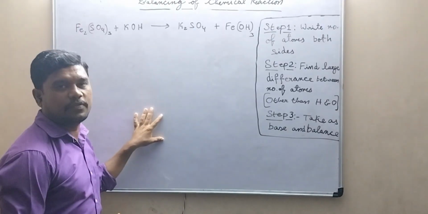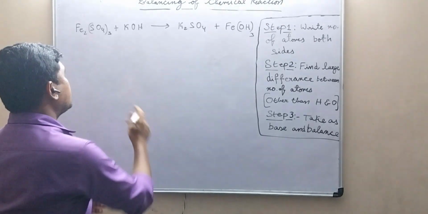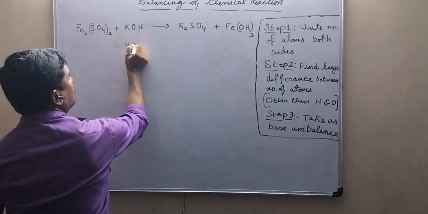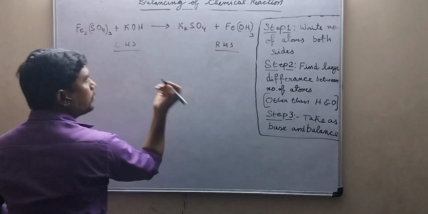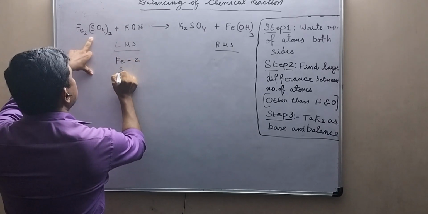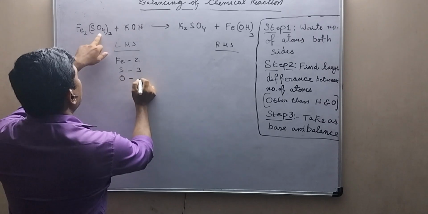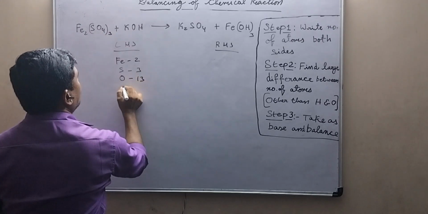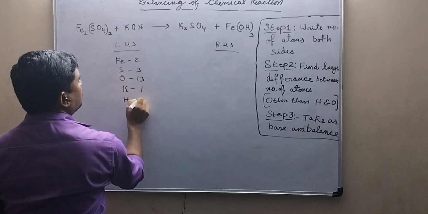This is the second example for the balancing of a reaction. As we follow the steps one by one, left hand side, right hand side, we write the number of atoms. Fe 2, sulfur 3, oxygen 12 plus 1, 13, potassium 1, hydrogen 1.